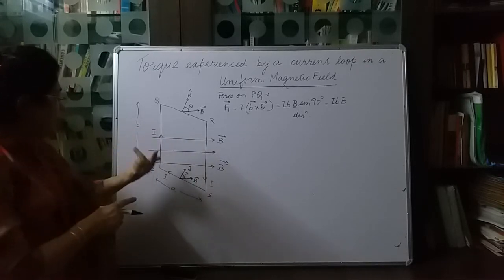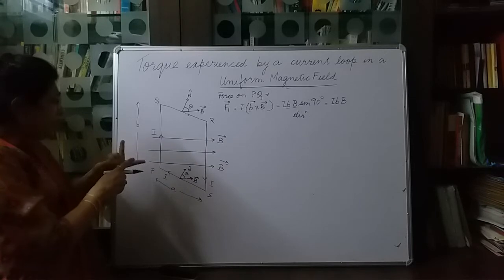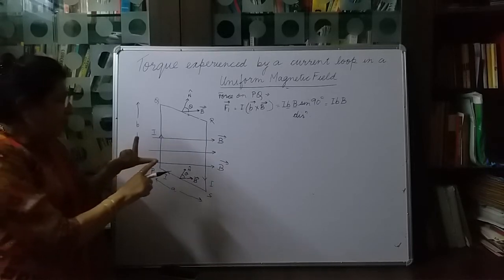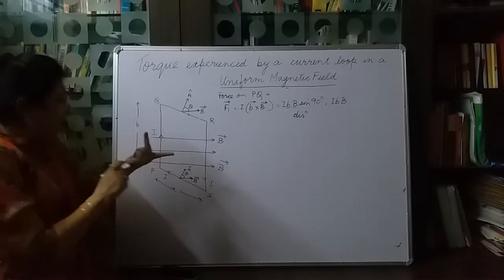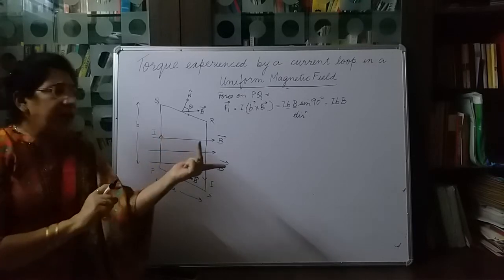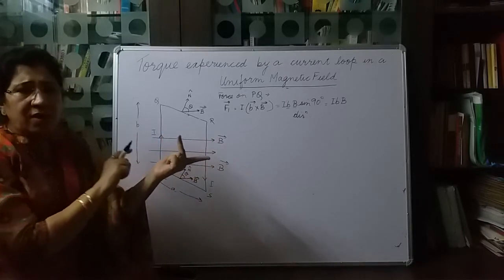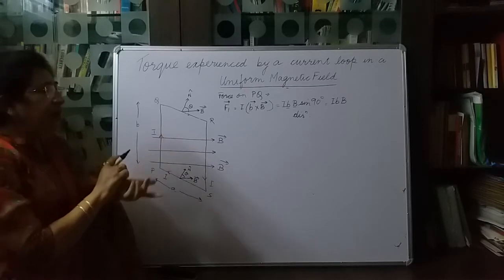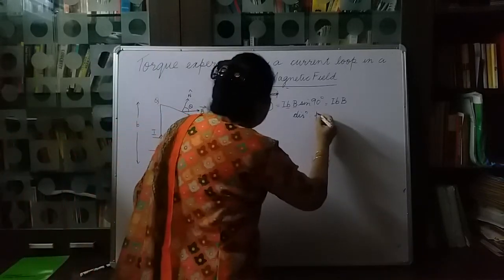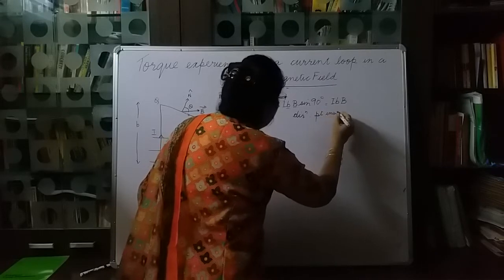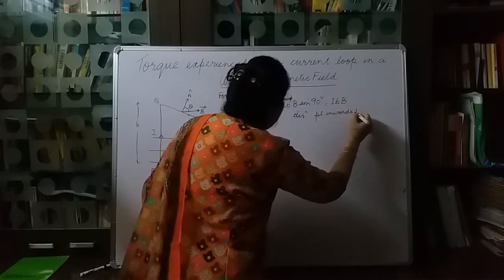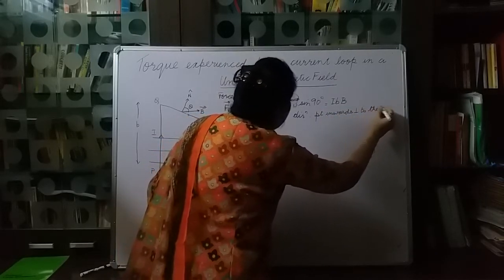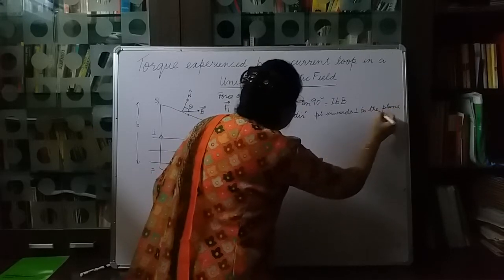The current is here, and the magnetic field will be represented by the forefinger, and you can see the thumb is pointing inwards. So the thumb is perpendicular to the plane of the board and pointing inwards.